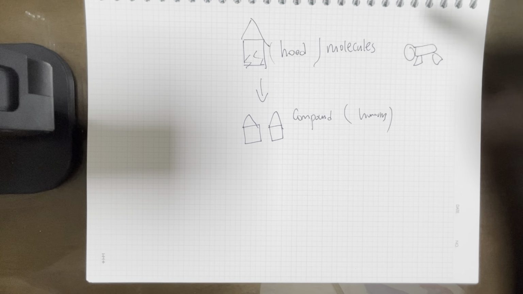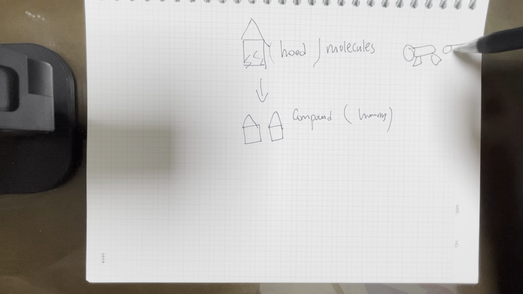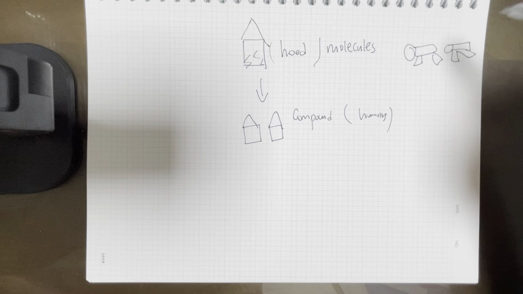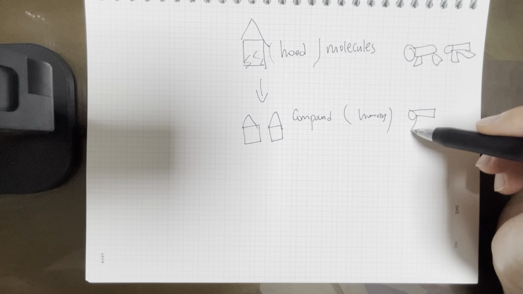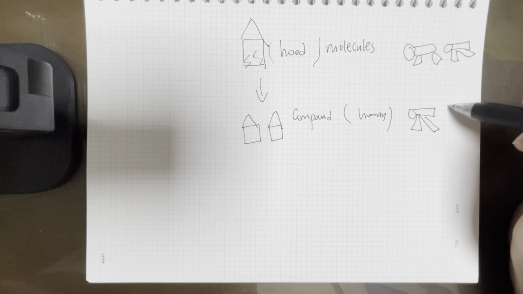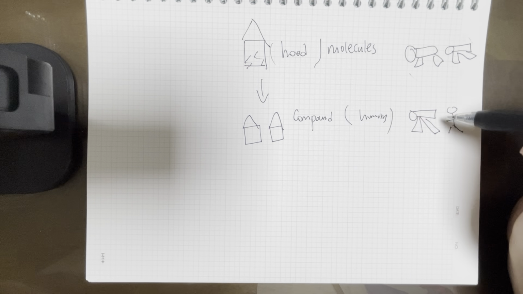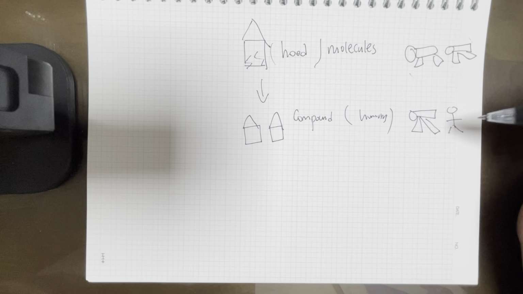So these moles, if 2 moles are friends, they can move in together and live here. But if these moles want to move up to the nice compound, you need at least 1 mole, and you need to have a human join you. Both of these moles could decide, so it could be 3 moles, 2 moles and a human, or 1 mole and a human, but you need at least 1 mole and a human.